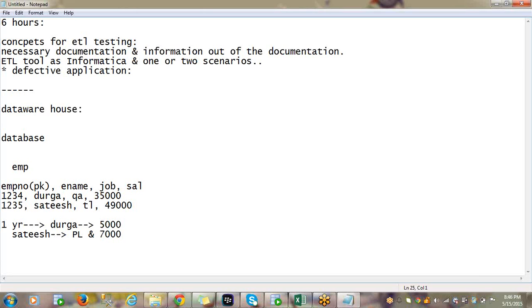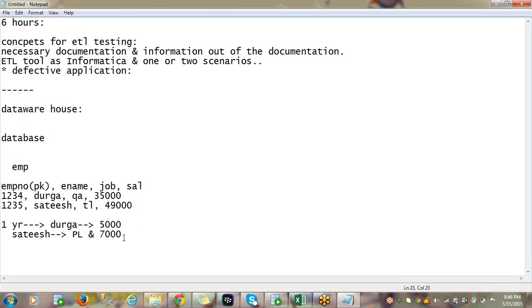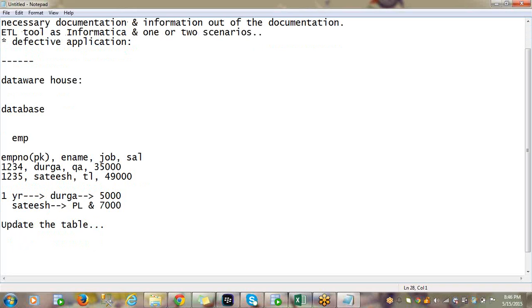Now, in order to have this data reflected into this table, what do we have to do? Update query. Right, we have to update the table. So what happens if I write the update query?